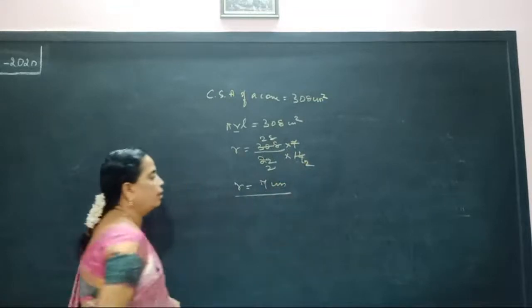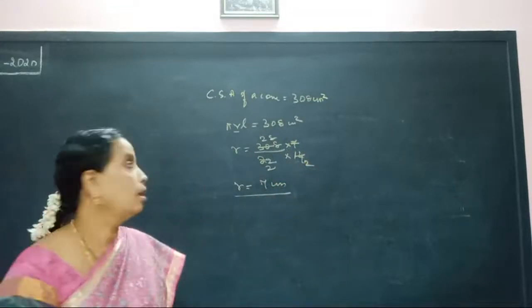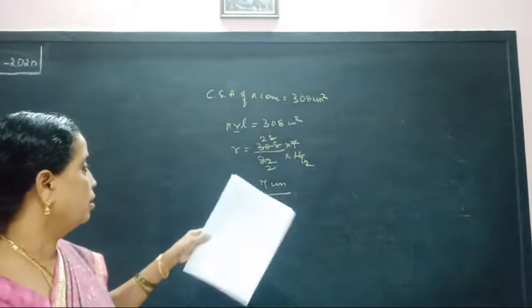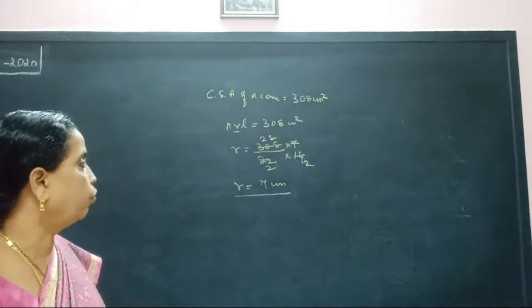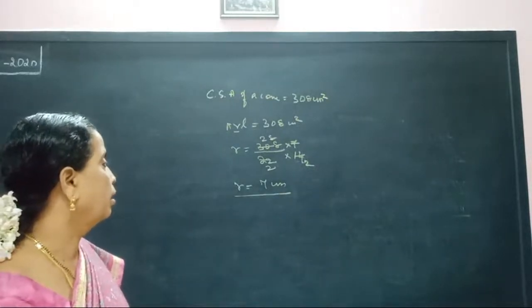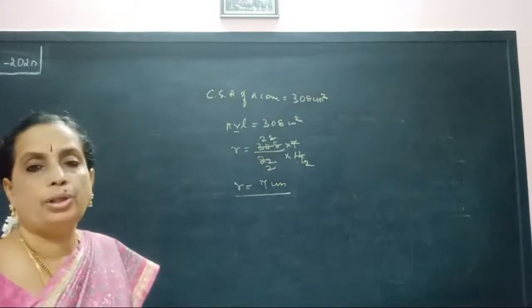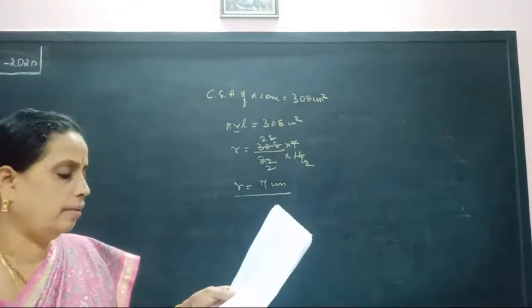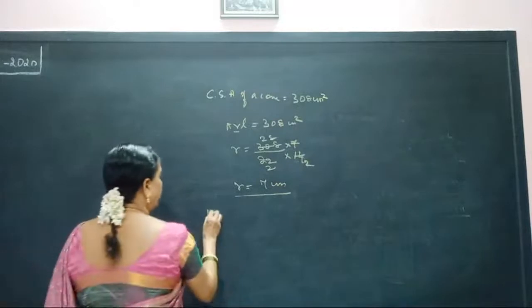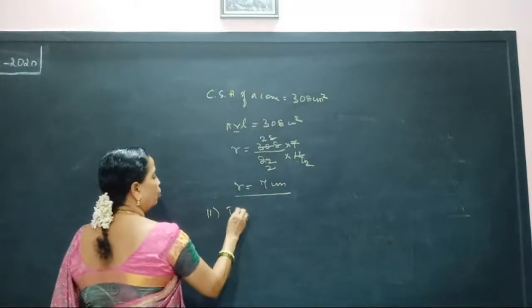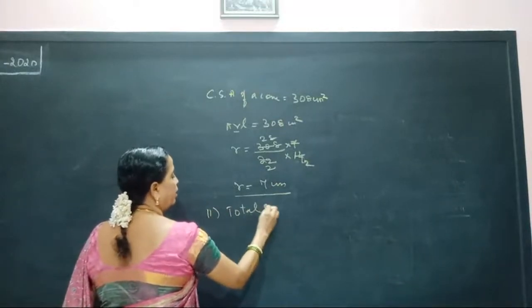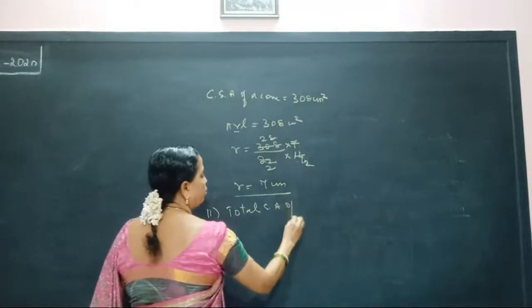Now having radius 7 centimeter and slant height 14 centimeter, calculate the total surface area. Second part of the question is the total surface area of a cone.